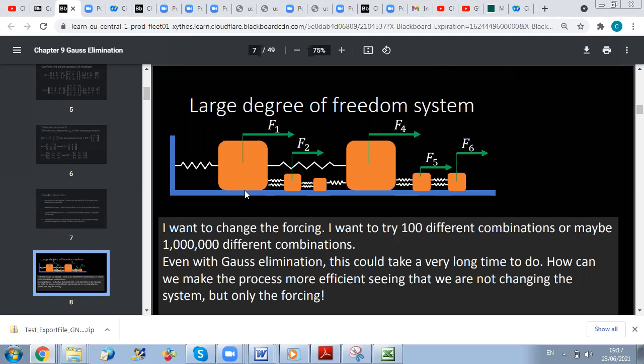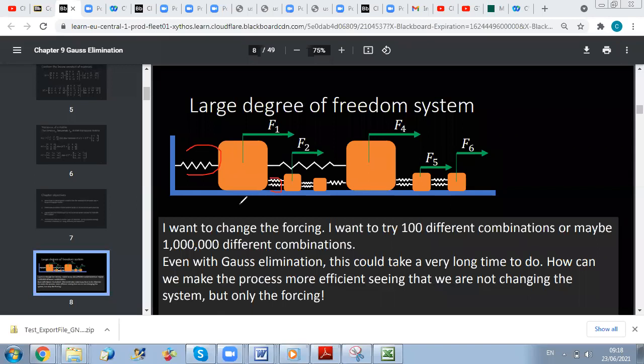But consider this example from the previous chapter: what if I keep the same system of masses and springs, but just change the forcing? I try variable possibilities of forces applied to the system. If I do Gauss elimination each time I update the forces, it will be a high time computation. It will take a lot of time.